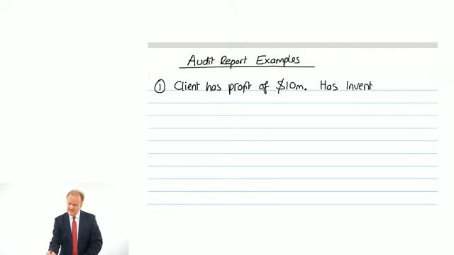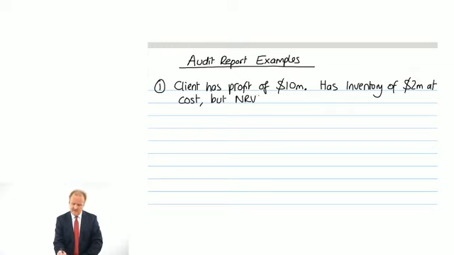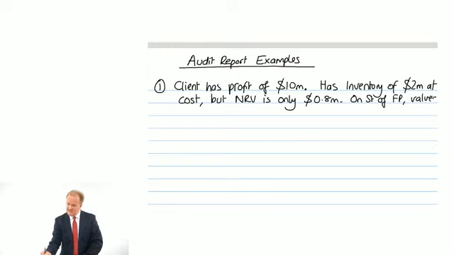It has inventory of $2 million at cost, but the net realizable value is only 0.8 million. And on the statement of financial position, it's valued at cost.